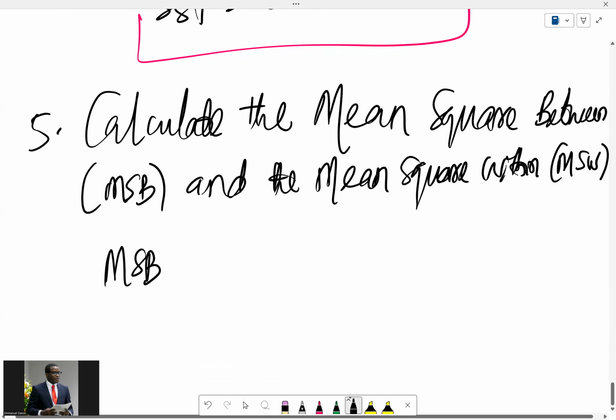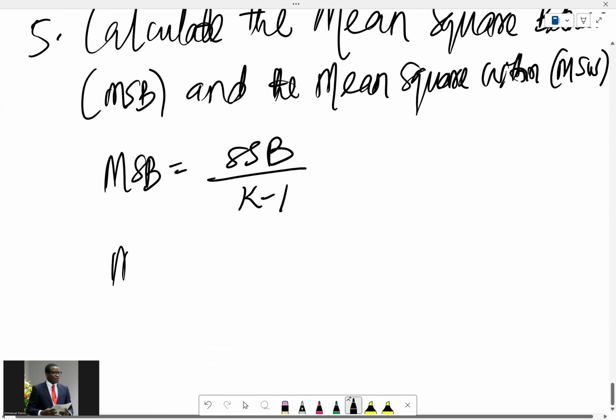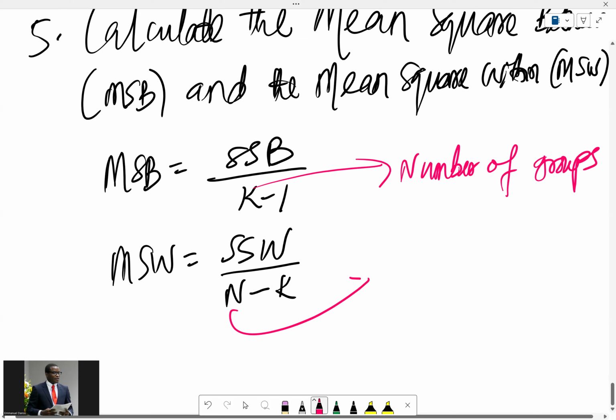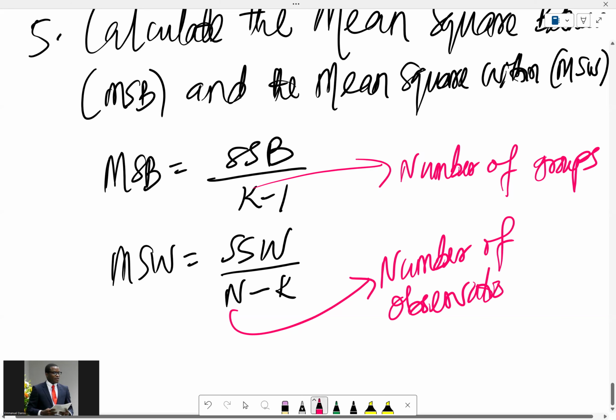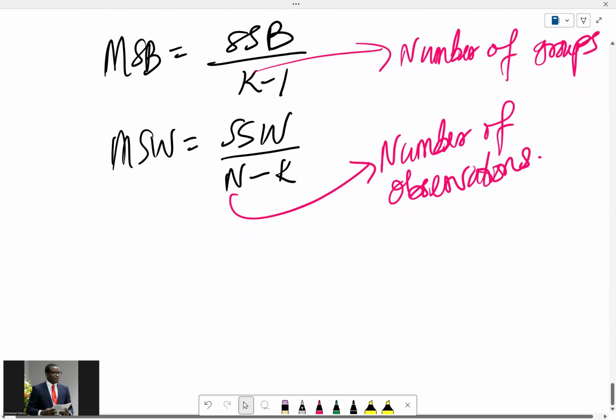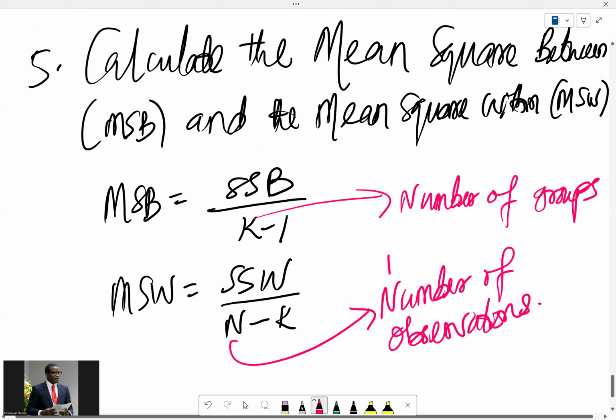Simply, MSB is equal to SSB over K minus 1, whereas MSW is SSW divided by N minus K. Here, K is the number of groups, and N is the total number of observations, very important.